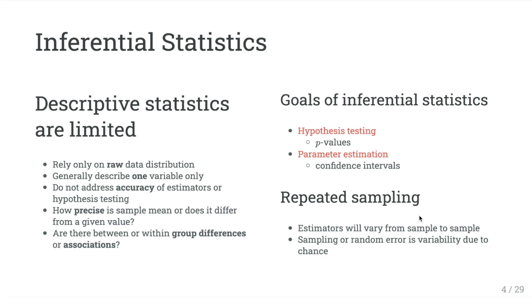What that's called is sampling or random error, and it's variability that's just due to chance. If we're taking a random sample, we just may happen to get more higher individuals in one category than another. And so just due to chance, our sample isn't going to perfectly represent the population.